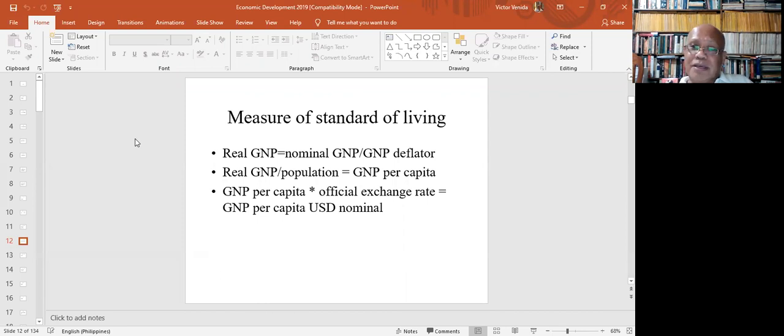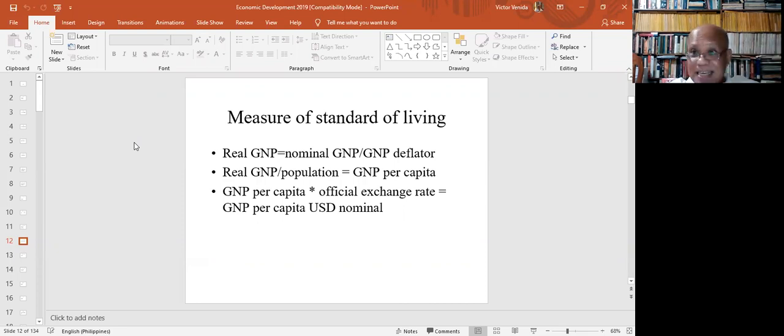And if the deflator, the index for 2019, is say 119, the GNP 2019 in current prices of 2019 will be divided by 119 times 100. You therefore get real GNP, or GNP at constant prices of 2005.